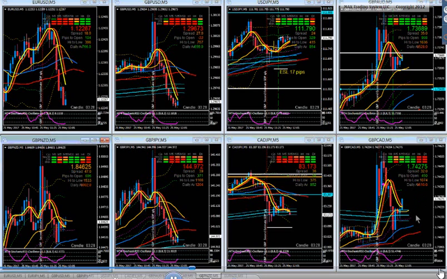Again, after that pullback, the price seems to come back, and above that level would be ideal. So let's erase here this ESL level.